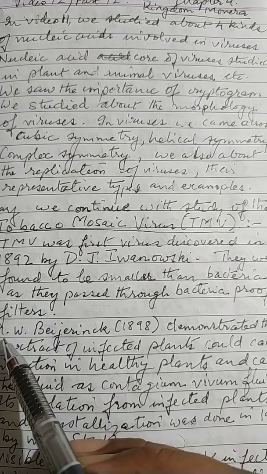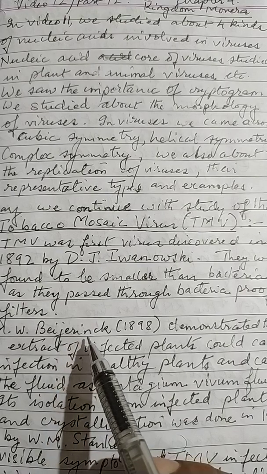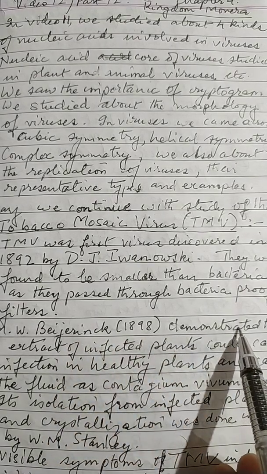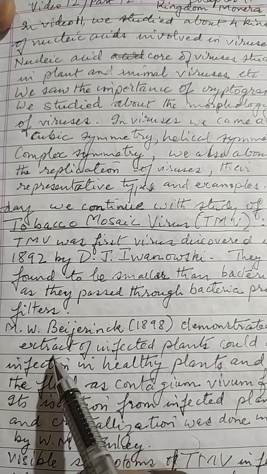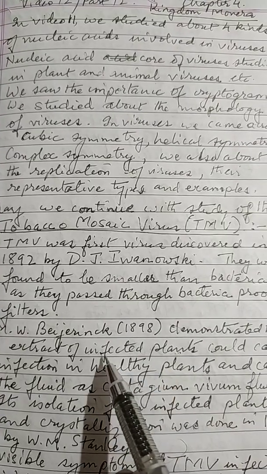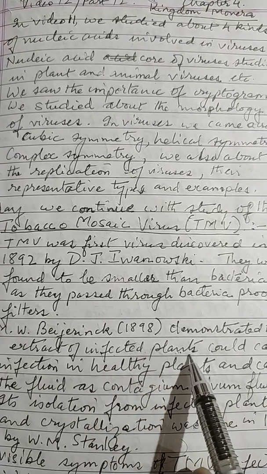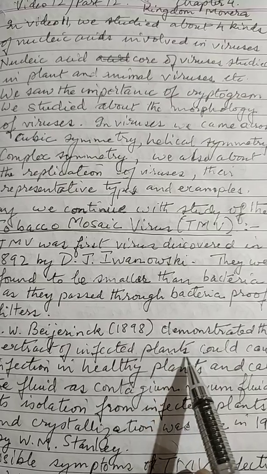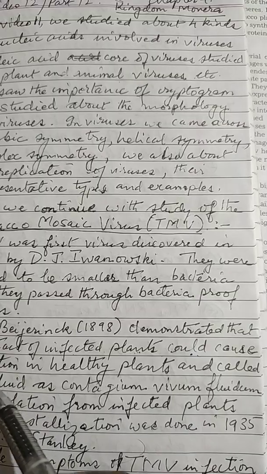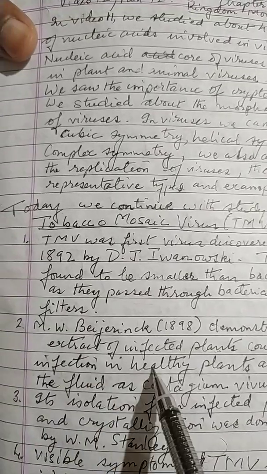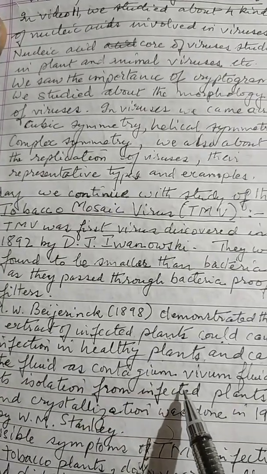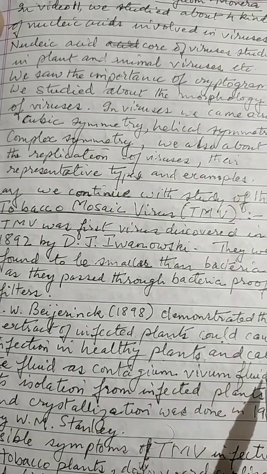And we saw that M.W. Beijerinck in 1898 demonstrated that the extract of the fluid of the infected tobacco plants could cause infection in healthy plants, and called the fluid Contagium vivum fluidum.